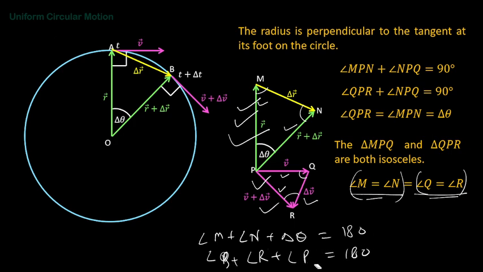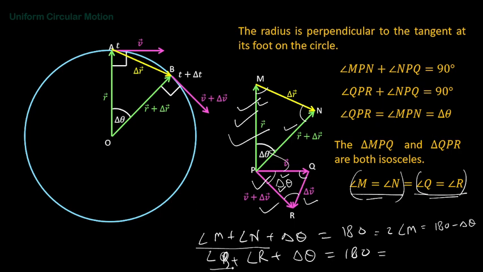But angle P is simply the angle delta theta. We have seen this angle is the same as this angle, but these two angles are equal. So we can write 2 times the angle M equals 180 minus delta theta.